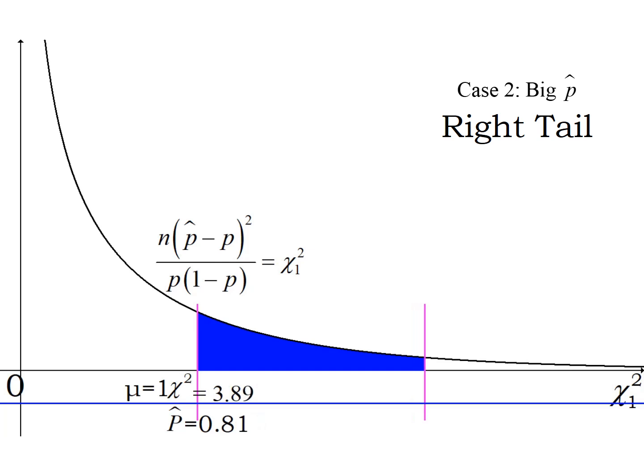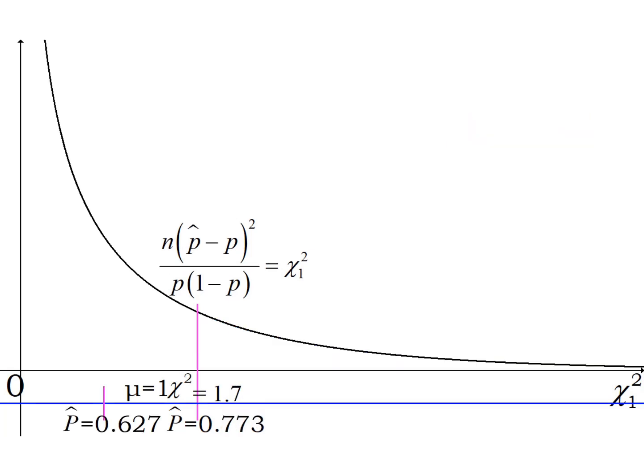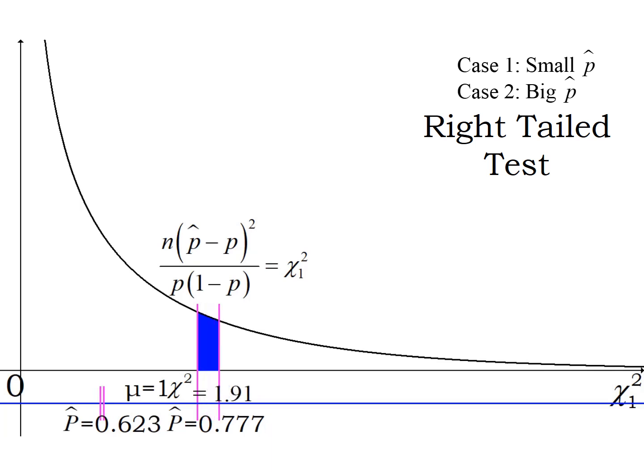So we have two cases to worry about because we're testing p is not equal to 0.7. We have the case that p-hat is either too small or too big for that to be reasonable. And so we looked at both cases.